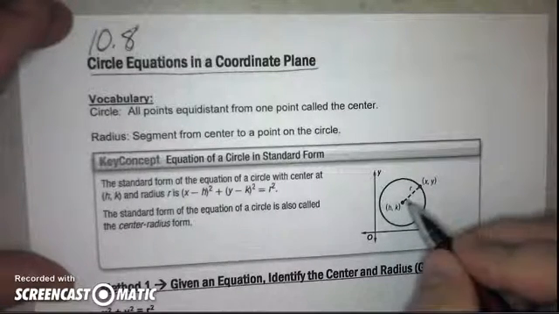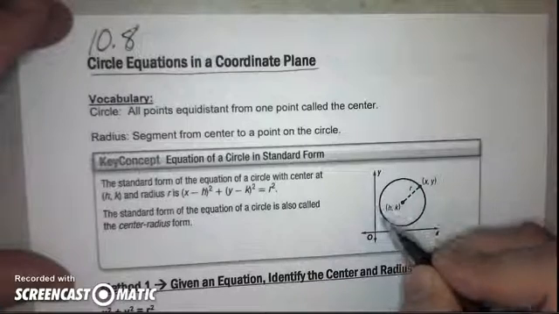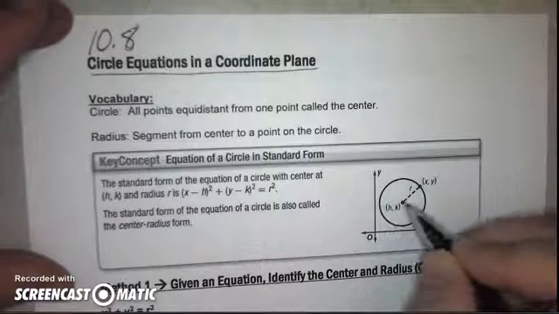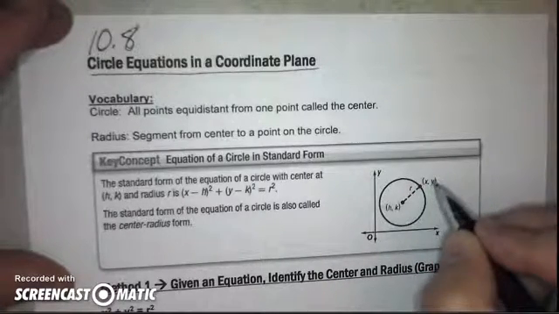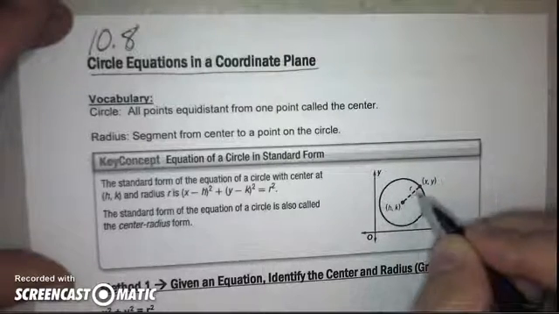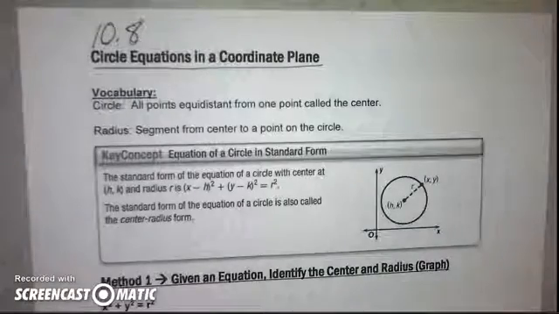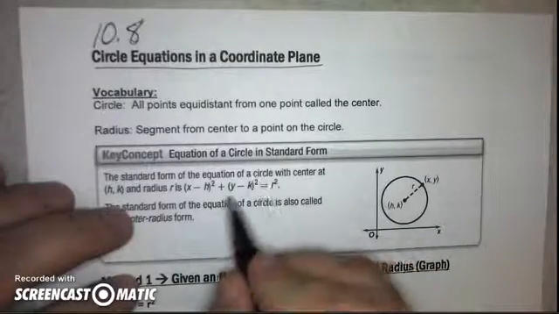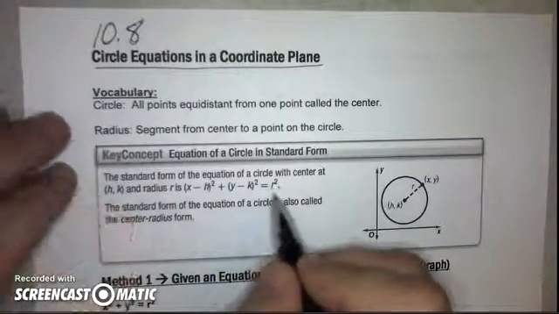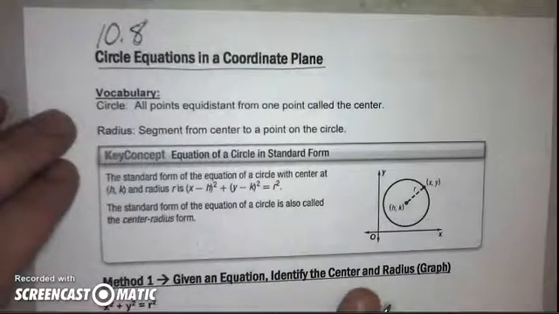And then since all of these points on the circle are equidistant from that center, any x, y is going to have the same distance from h, k all around this circle. So really we're basing our formula for the equation of a circle off of our distance formula. And I'll show you how that shows up later on.